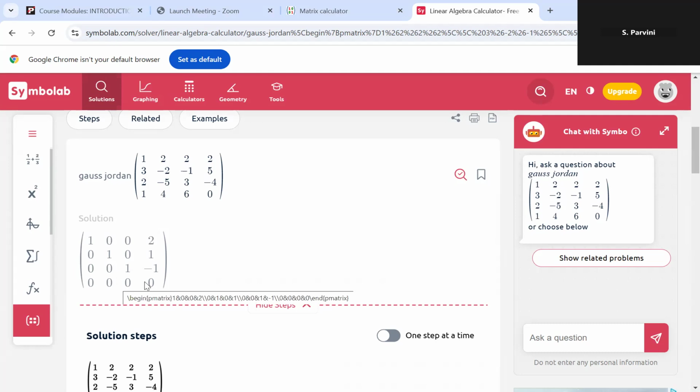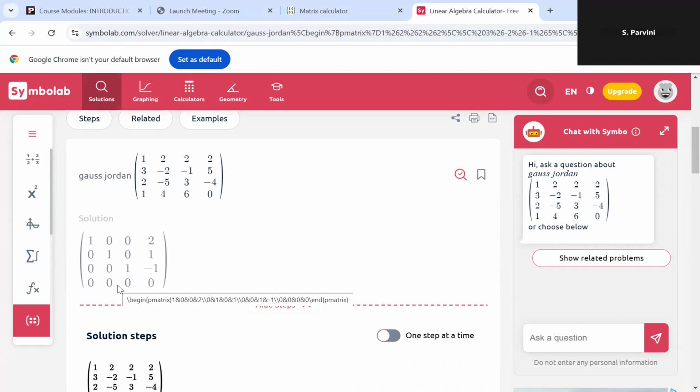So ignore that one and just look at the 3 by 4. Remember, the 1, 1, 1, these are the coefficients on A, B, and C. Therefore, we have the solution. The solution for this is going to be A, B, C. I'll show you in a moment what I'm writing down in my notes.